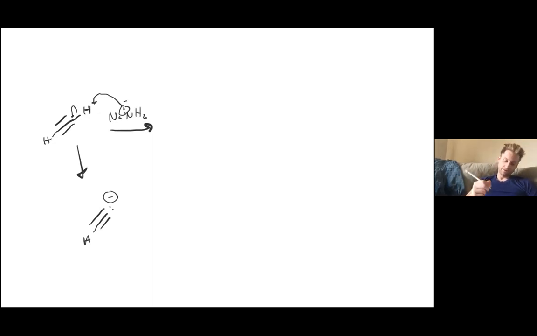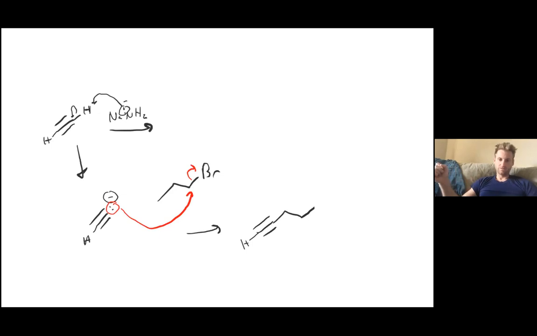From this point, throwing in some sort of haloalkane, we can do an SN2 here to elongate our chain by 3 carbons.